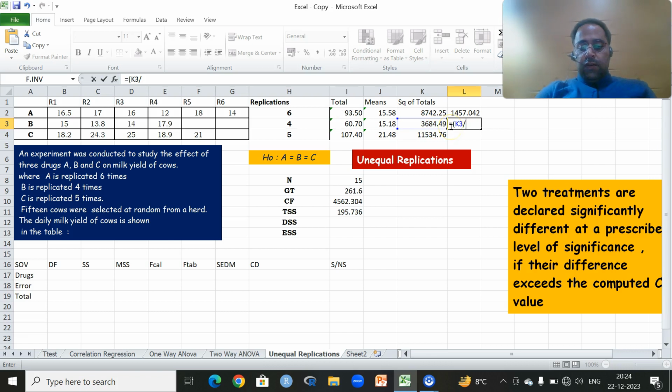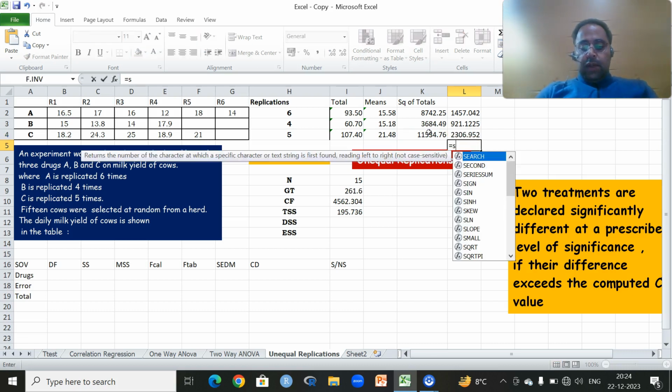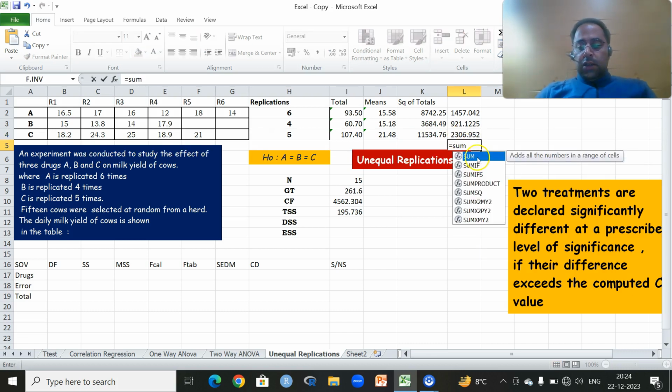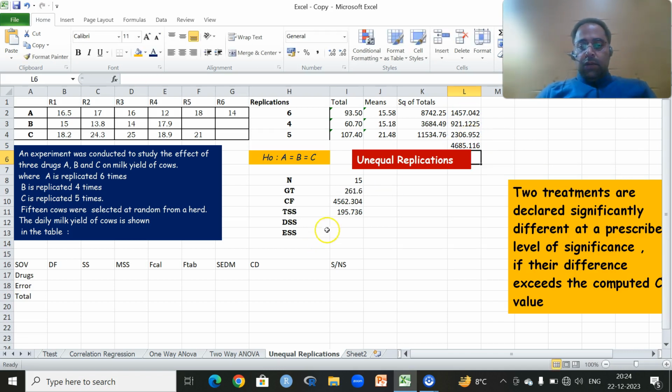Here you can see 4 times. Then this one is replicated 5 times. Then we will get the sum of all these. Then press enter. Now we'll use this value and deduct the correction factor from it. So we have the treatment sum of square, or we can say the drug sum of square in this example.